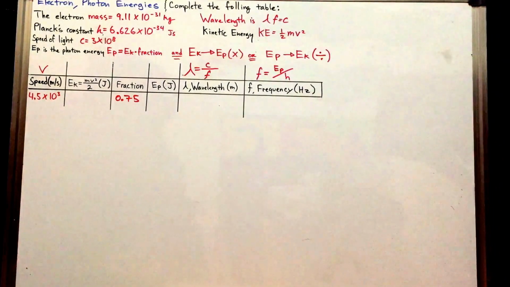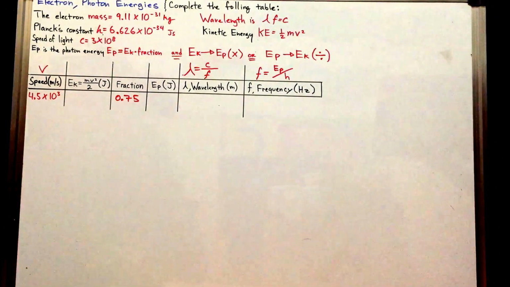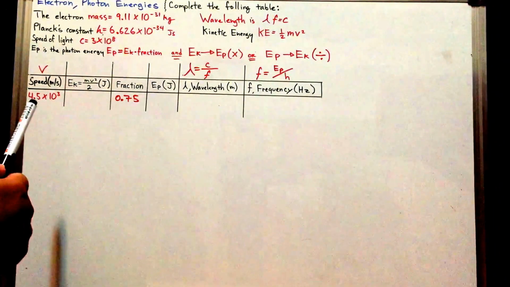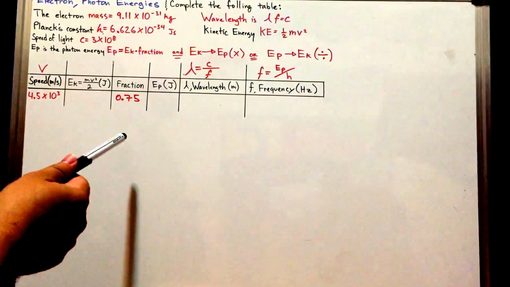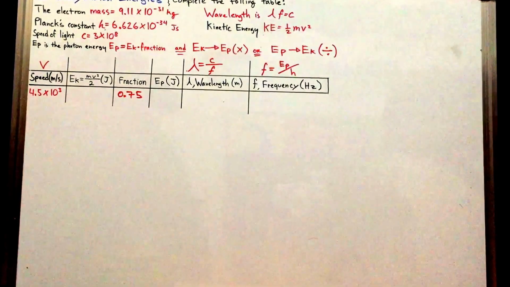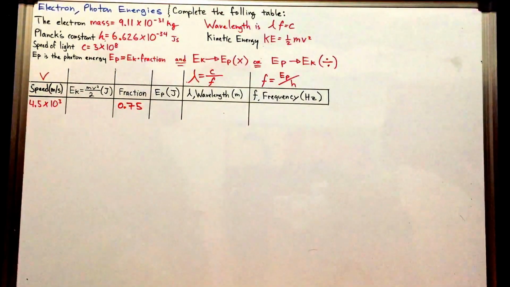So, looking at this problem again, I noticed that speed is given to us, the velocity and fraction. So I'm going to write down what's given to us.